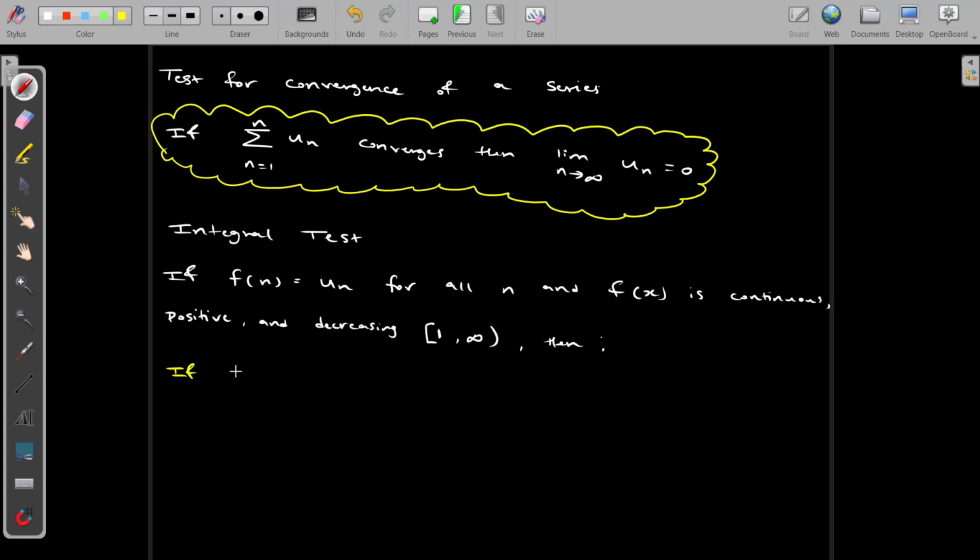So if we're integrating from 1 to infinity of this particular function with respect to x, and the integral converges, then the sum from n equals 1 to infinity converges.